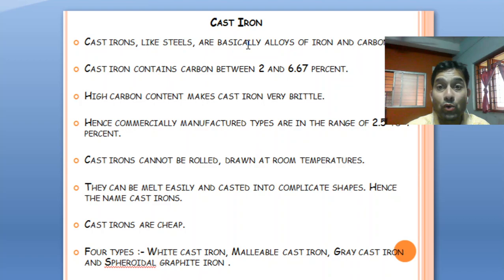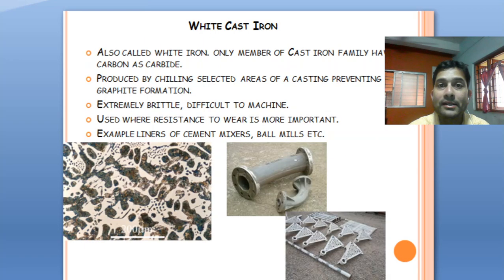Here you should remember that the presence of carbon in cast iron can be of two types: either in the form of carbide, or in the form of graphite. So in white cast iron, carbon is present only in the form of carbide. So this is the sentence written: white cast iron, also called white iron, is the only member of cast iron having carbon as carbide.